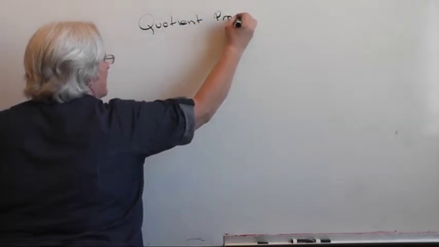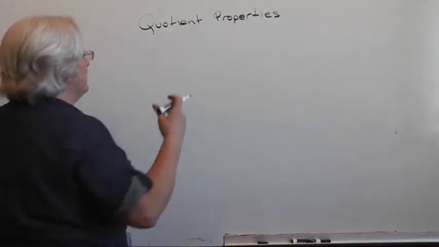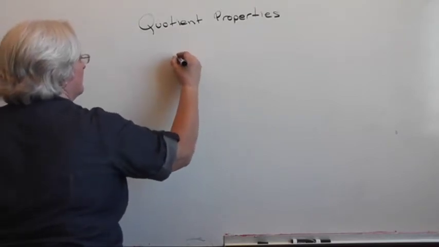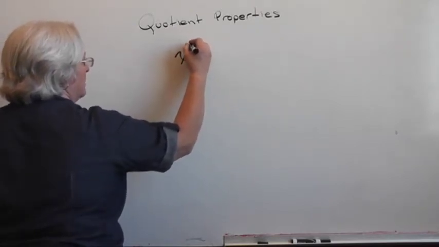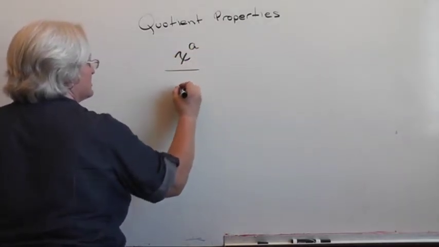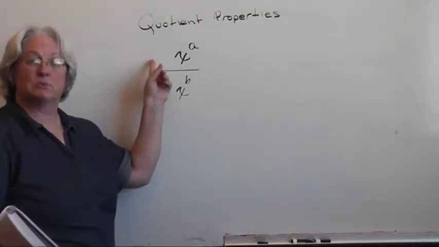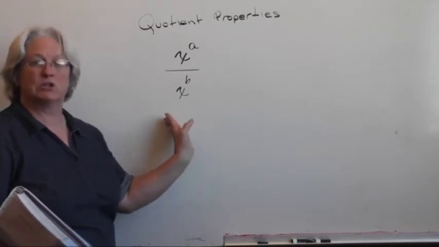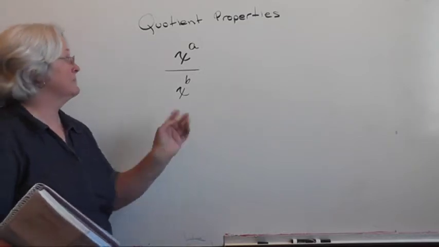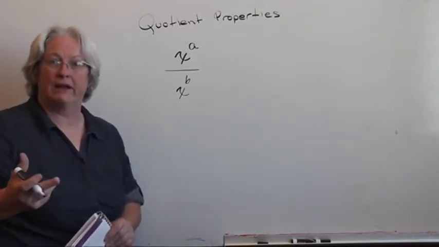In other words, how do we handle it when our problem involves the quotient, which is ratio form, of two terms that happen to be exponential expressions? If you have one exponential expression divided by another exponential expression, how does that actually work out, or what's our answer going to be? So let's just look at an example first and see what we might have.